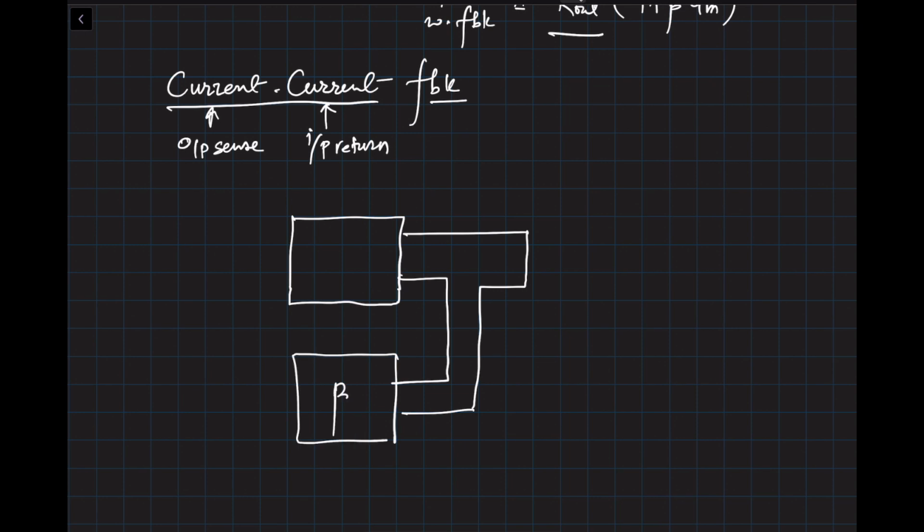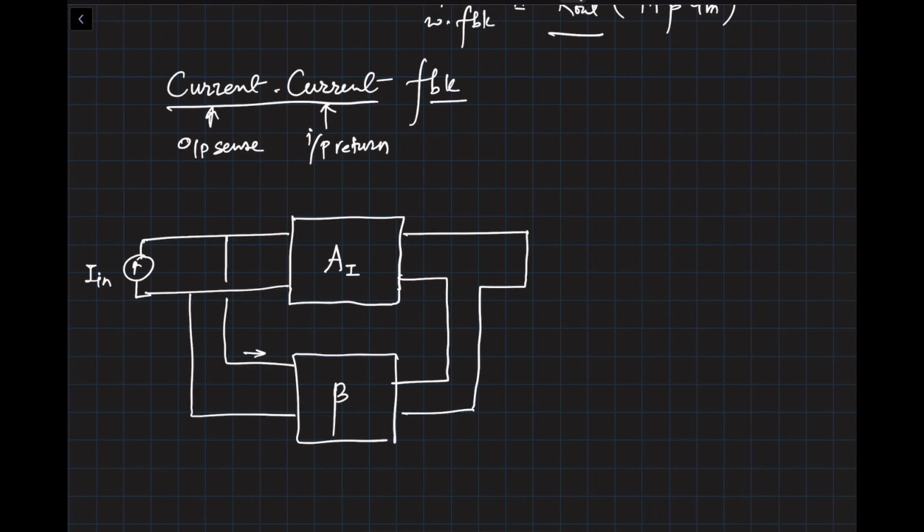This is the feedback factor, and this is going to be AI. I'll explain what that means. The output coming out of the feedback factor is going to be a current, so we have to subtract the currents here. We have the input, which is I in, the feedback IF comes out like this, and here is our IE, and here is your I out.